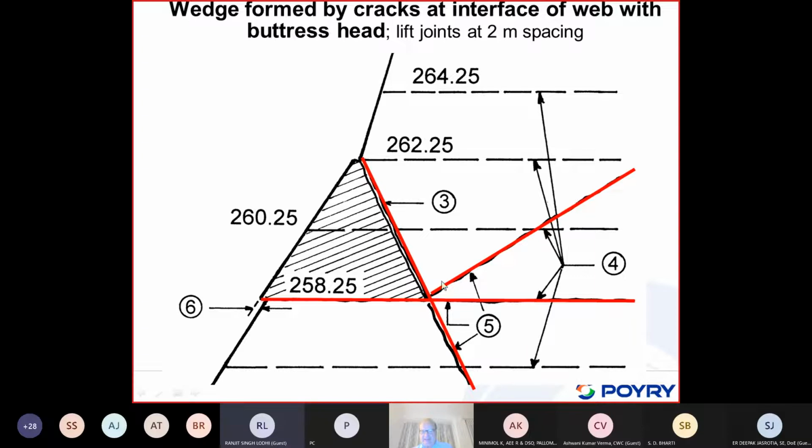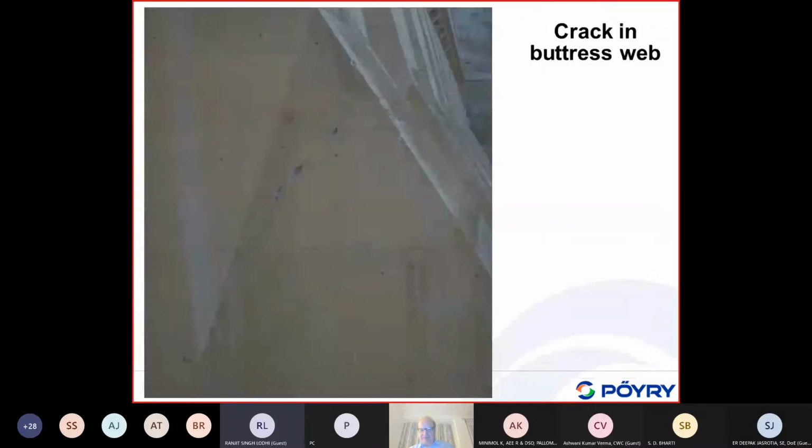And it is very unfavorable, because this is now a sharp corner with even larger stress concentration.